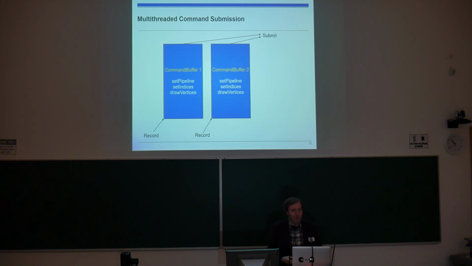But the important point here is that the actual recording of the commands can be done on as many threads as you like. That's of course something you can't really make use of on the old APIs.